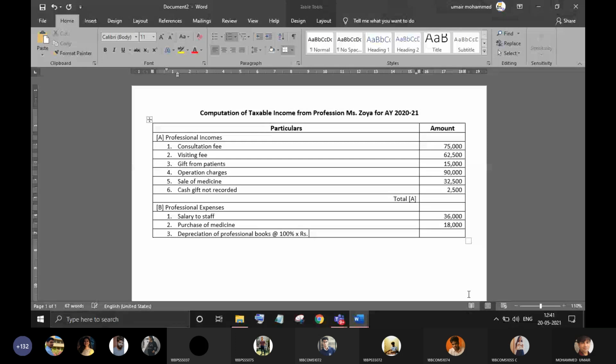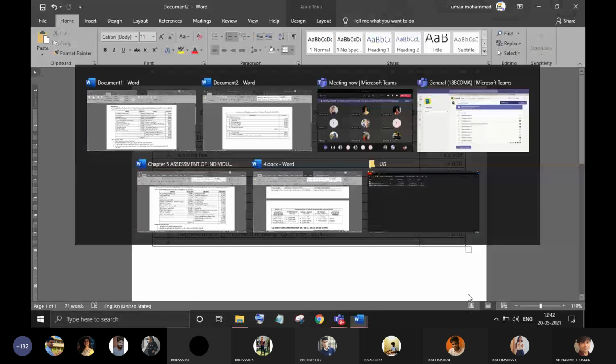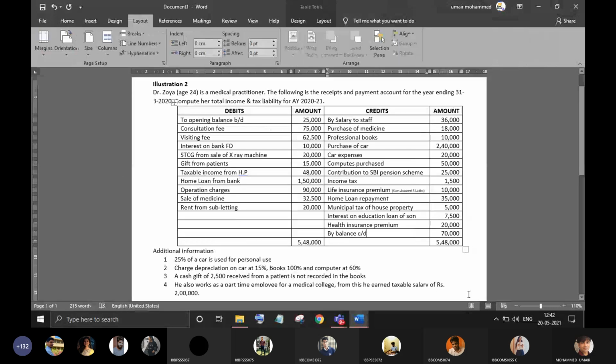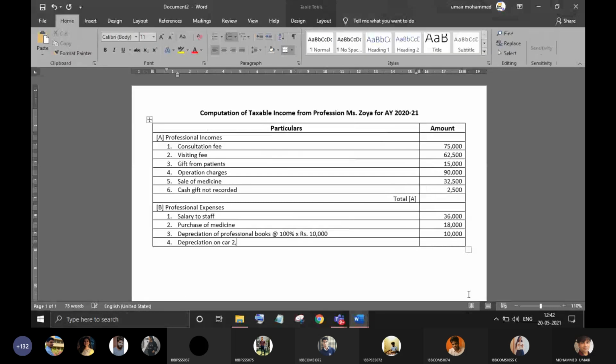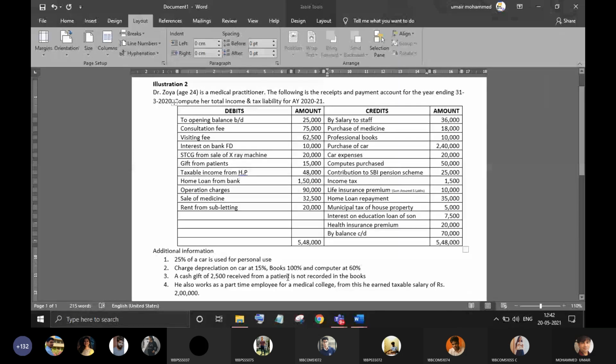Next, you have purchase of car, which is again a capital expenditure, but you can claim depreciation. The value of the car is 2,40,000, into the rate of depreciation, which on car is 15%.